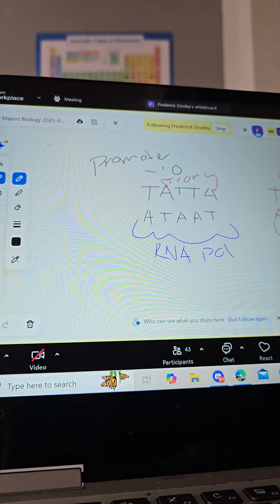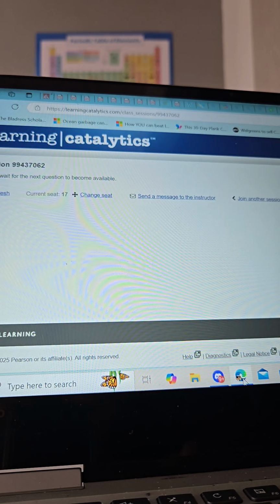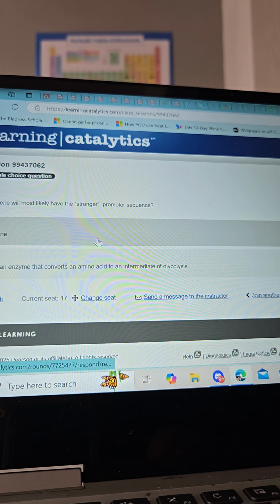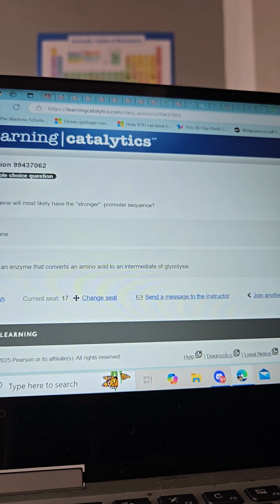All right. Just to confirm, what was the correct answer on that one? A specific sequence. So if it's not the correct sequence, it will be weak. Okay. So I believe it was 4. What do you think is going to have a strong promoter?